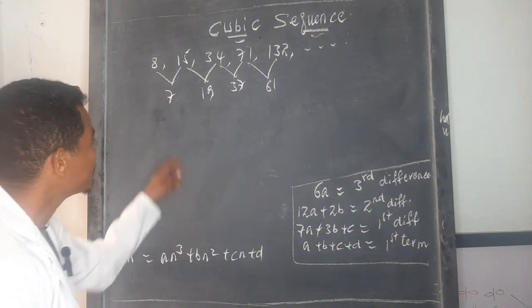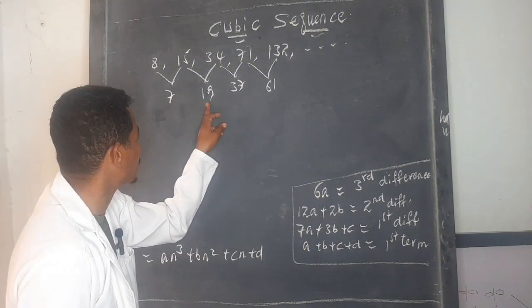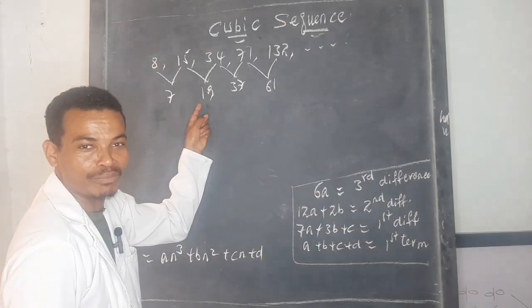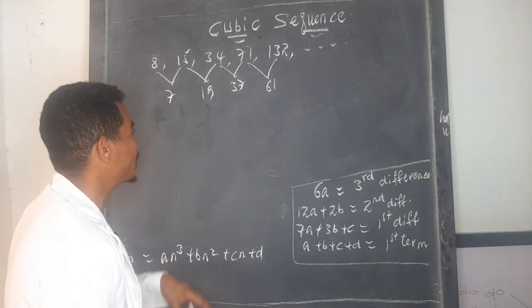So the sequence is not linear, because the difference between consecutive terms is not constant. Let's go to the next one.